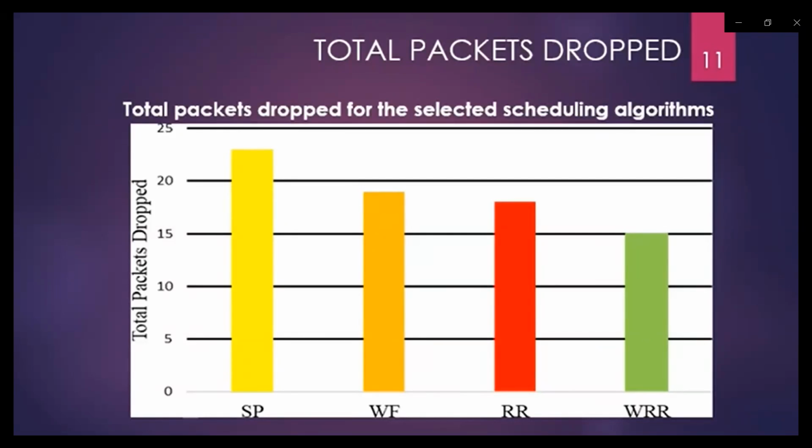From the figure, it is clear that WRR, weighted round robin, has dropped the least packets when the node buffer becomes full. So the highest drop is achieved by RR. In that way, we can find that the RR scheduling algorithm dropped 23 packets in the same buffering condition.